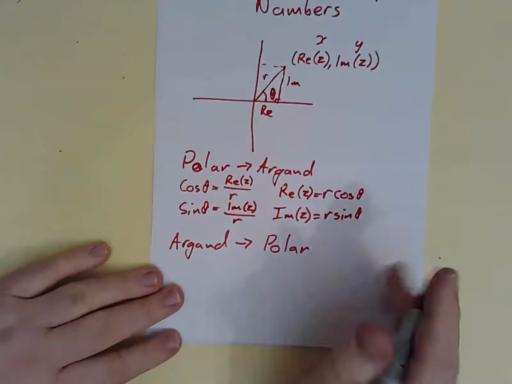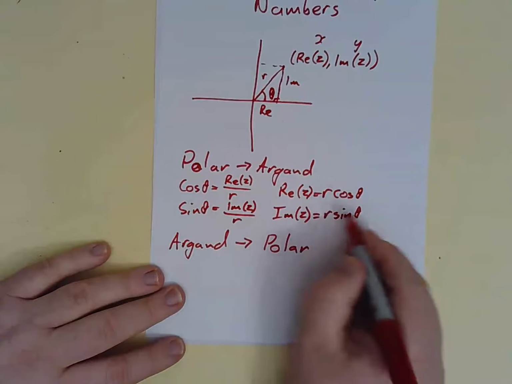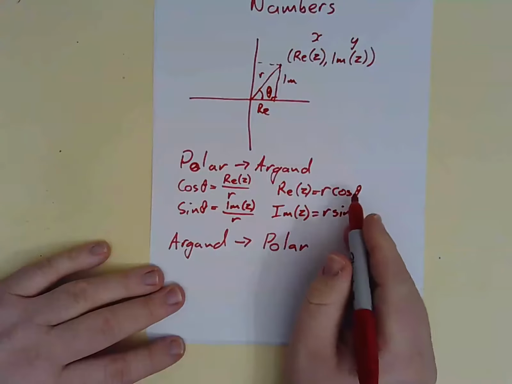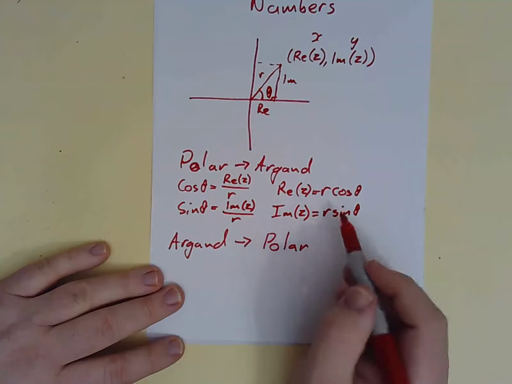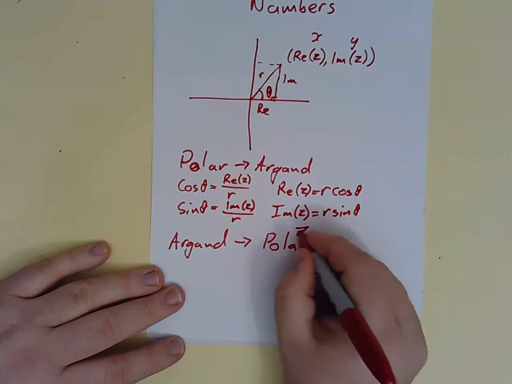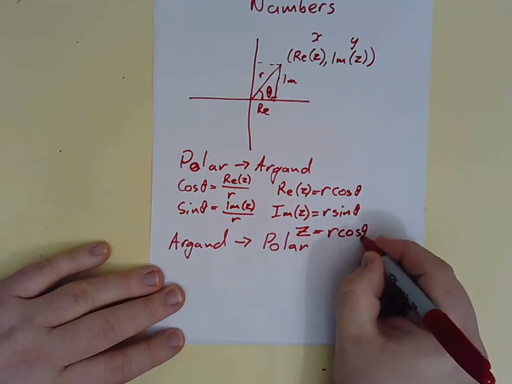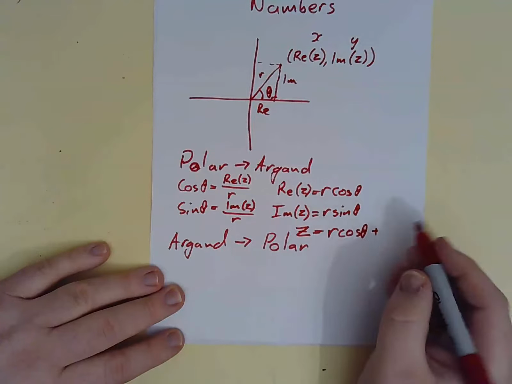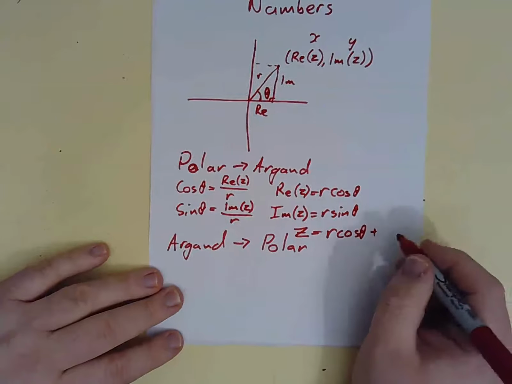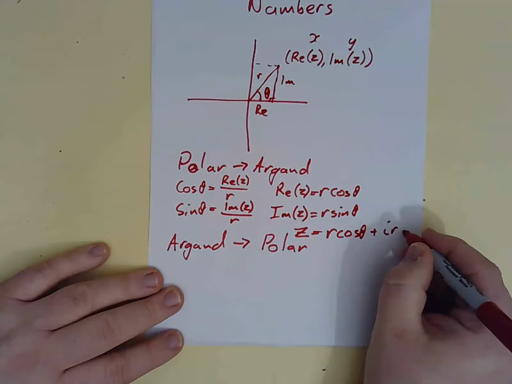And so we can write these, and we do write it in polar form in this sort of way, even though this is sort of an argand or Cartesian way of writing it. We write z equals r cos theta plus, and now we've got an i in here, so we usually write the i first, but that's just so that it doesn't get mixed up.